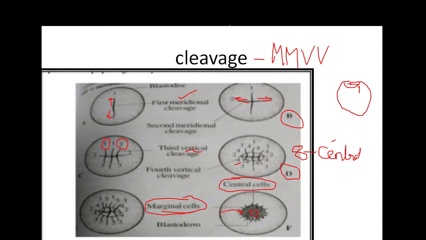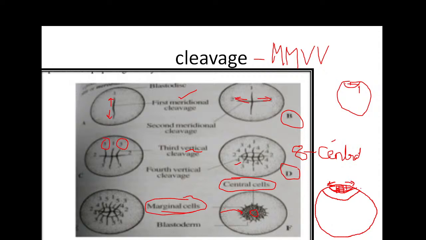Yesterday when I taught you about gastrulation and all, I said that in blastulation the central cells divide a lot and then move towards the peripheral region. We studied the epibolic movement yesterday. As a result of delamination, one layer of cells will get separated from the blastodisc, or the central cells.